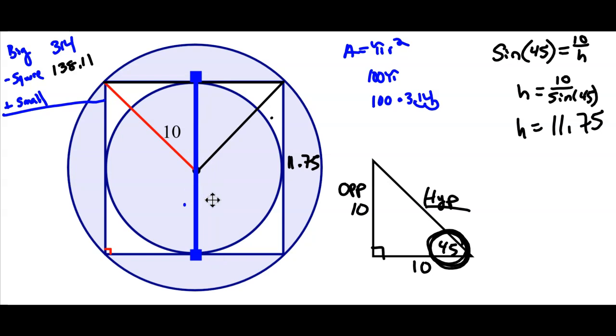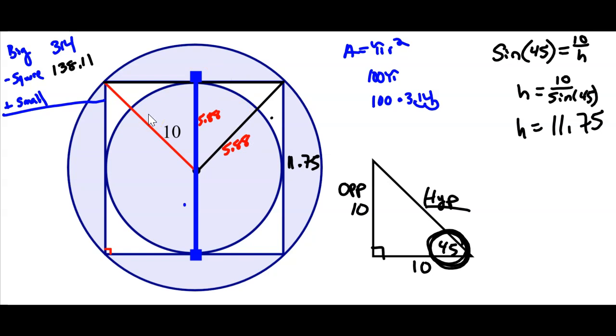So if I take half of 11.75, in the calculator, I had 11.752214. Times that by 1/2. I get 5.88. That is my radius. Even right here, it's 5.88. So it's a little bit larger than half of 10 there.